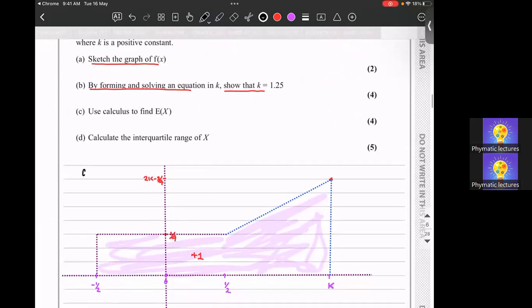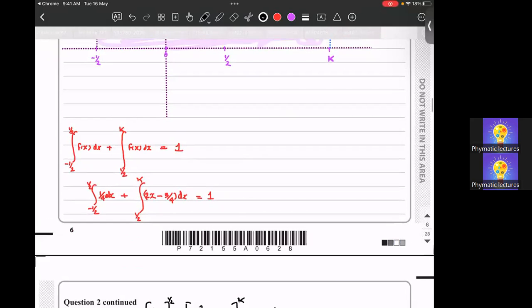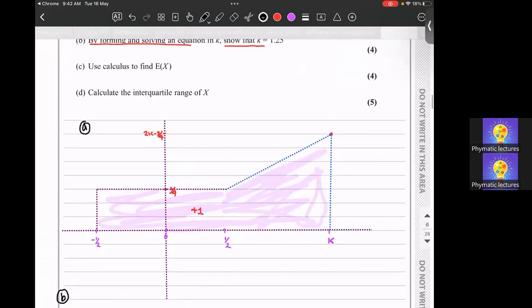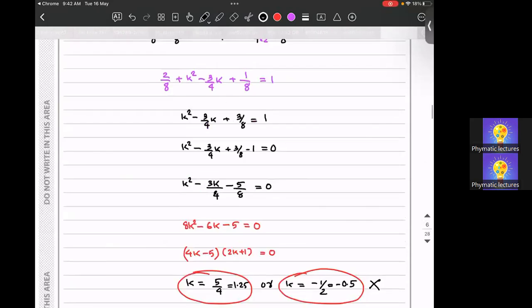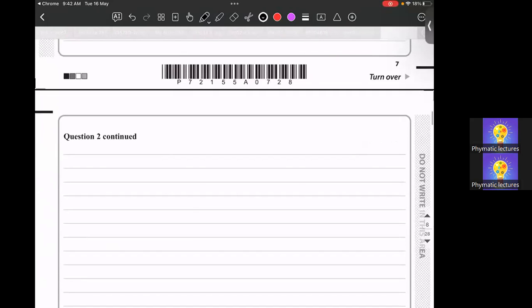So this was the sketch, and this is the solution for B part. Now, use calculus to find E of x. E of x means what? E of x is the average or the mean.